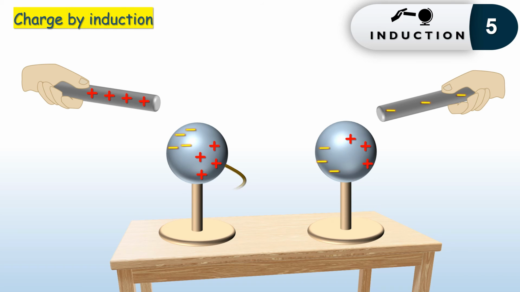Well, if we connect the conducting part of the insulated conductor to the ground, then we give a chance to those positive charges to neutralize from the ground, as shown. Note that the negative charges on top will not be neutralized because they are still attracted to the positively charged rod.